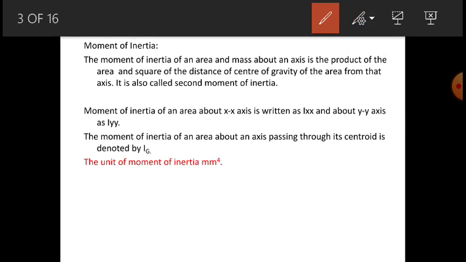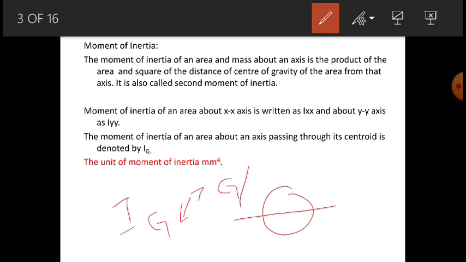If the moment of inertia is calculated about its own centroidal axis, then it is called Ig. Why is it called G? Because we represent the centroid or center of gravity as G or CG, so it is Ig.